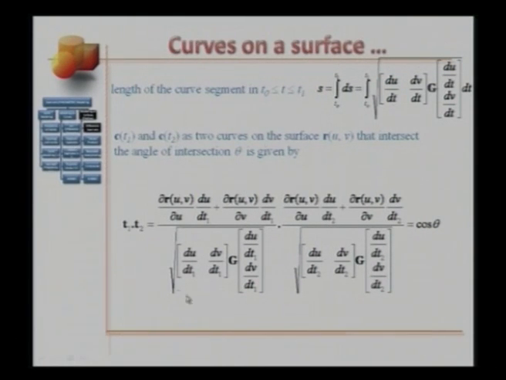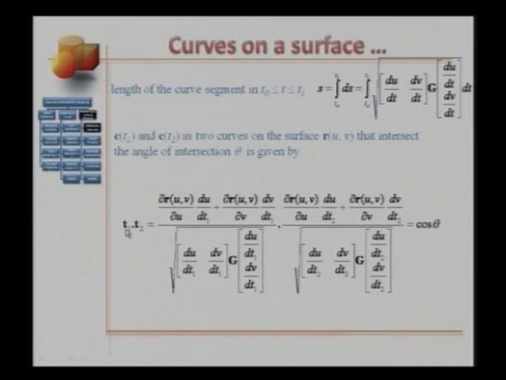So here parameters u and v are assumed to be functions of parameter t1 respectively. Likewise, the second tangent T2 is given by r sub u times du over dt2 plus r sub v times dv over dt2, over the square root of the row (du over dt2, dv over dt2) times G, and in this column we have du over dt2, dv over dt2.